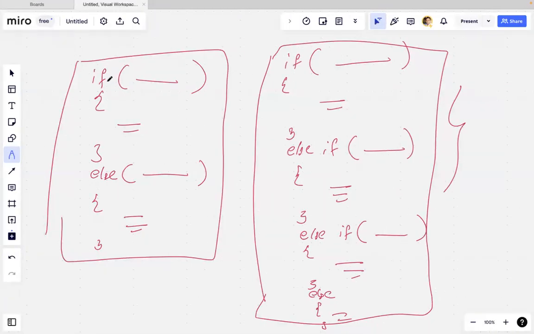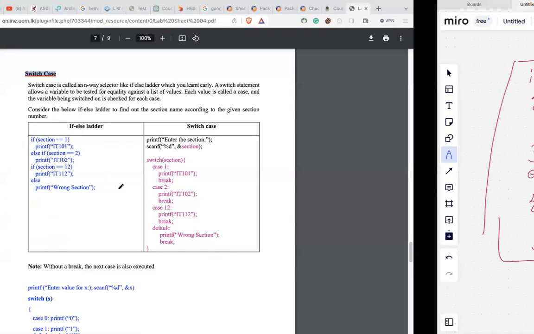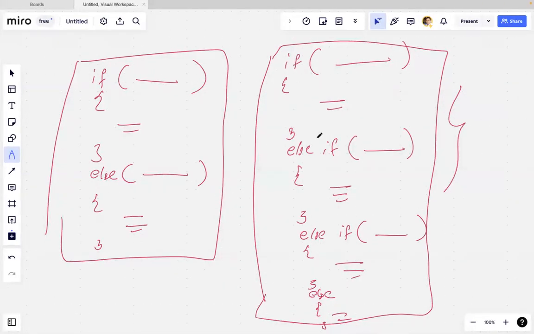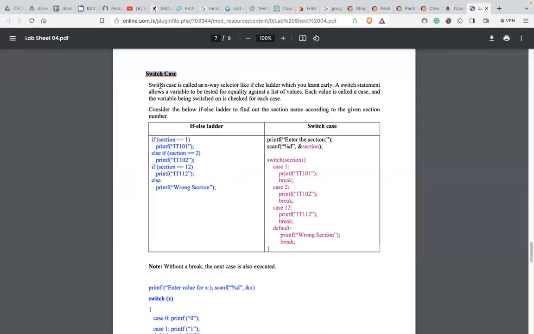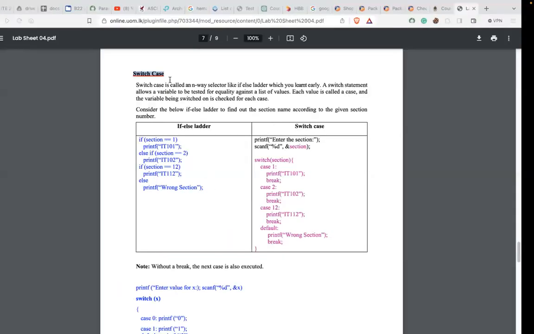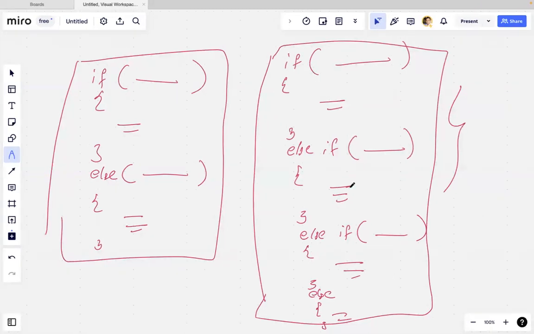In the if-else part also you can write the switch case, but in most cases, if you have multiple ways to be selected, like an if-else ladder, the most suitable one is the switch case. The if-else is also suitable, but the switch case is more convenient than this kind of if-else ladder.